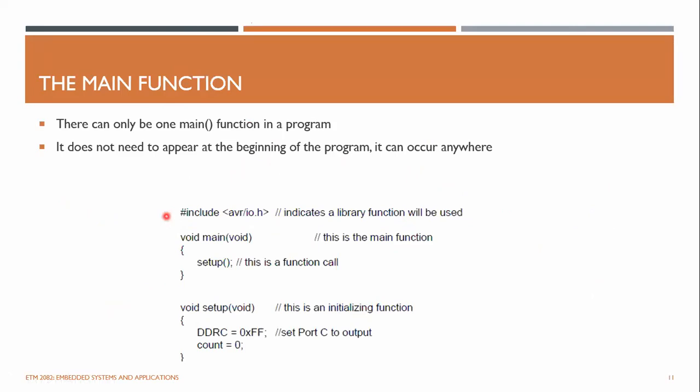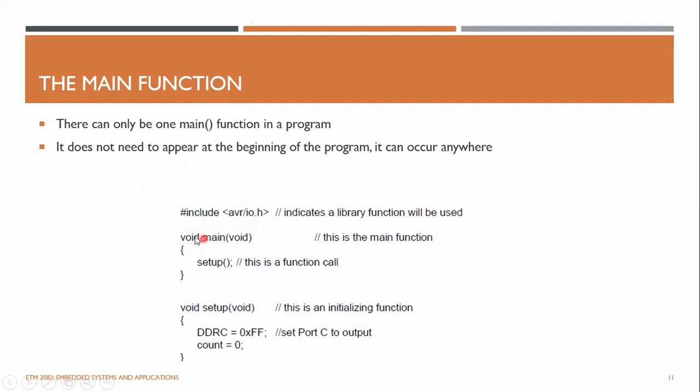Right. In any microcontroller program, there's a main function. You know in C programming, there's a main function. The main function does not need to appear exactly at the beginning of the program. It can occur anywhere. This is a very simple code written in Atmel Studio. First you have to include this library.